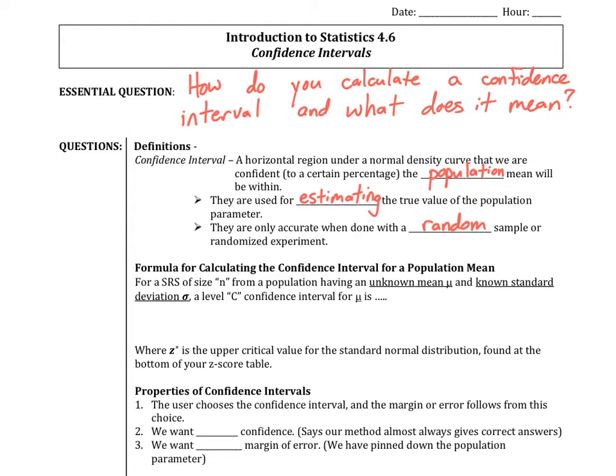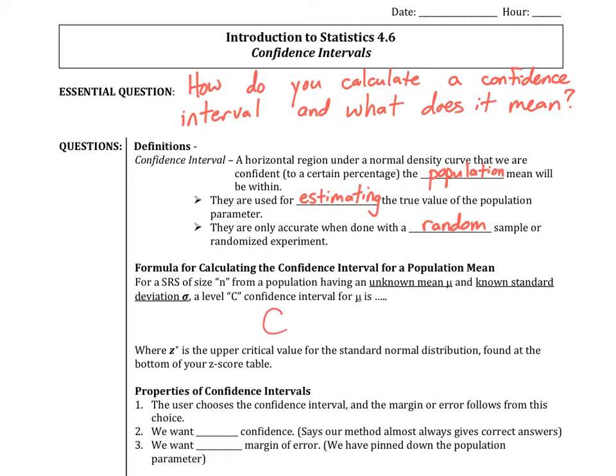Okay, so the formula for calculating the confidence interval for a population mean. For a simple random sample of size n from a population having an unknown mean u and a known standard deviation sigma, a level C confidence interval for u is right here.